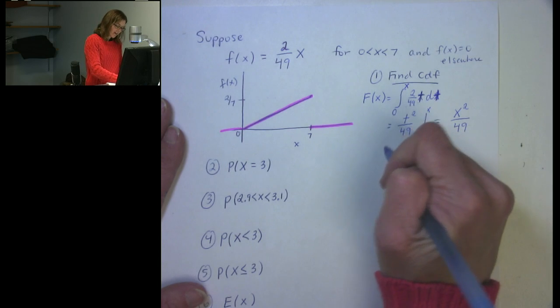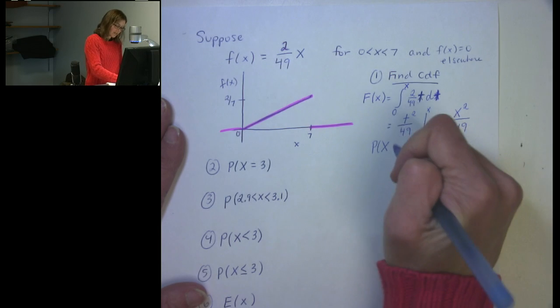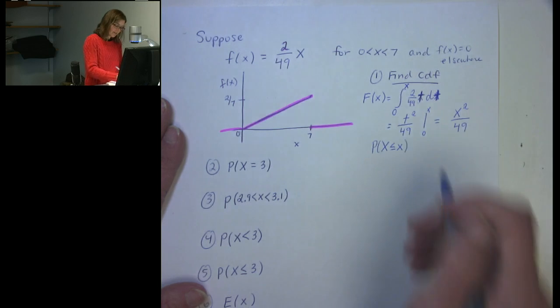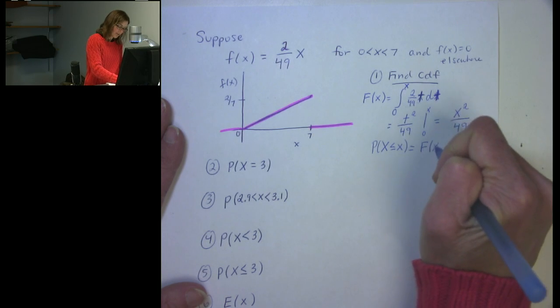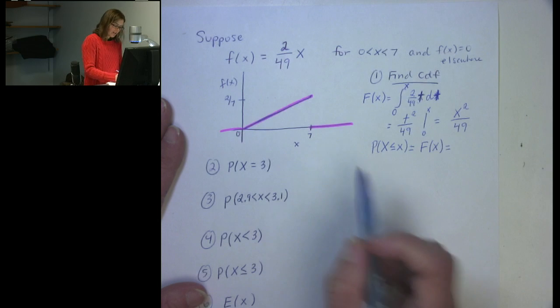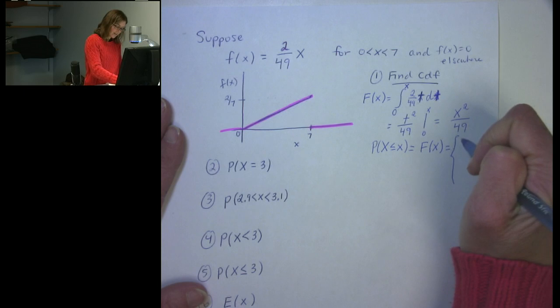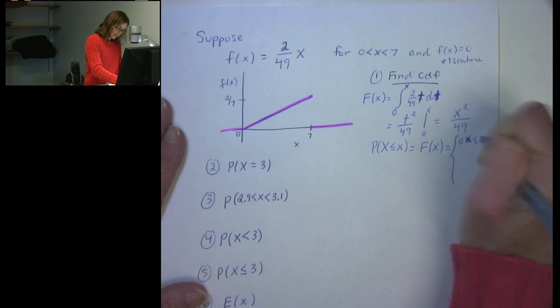So for any value x, if I want to find the probability that my random variable takes on a value less than or equal to x, that's my cumulative distribution, F of x. Really, for values less than 0, it's going to be 0, when x is less than or equal to 0.